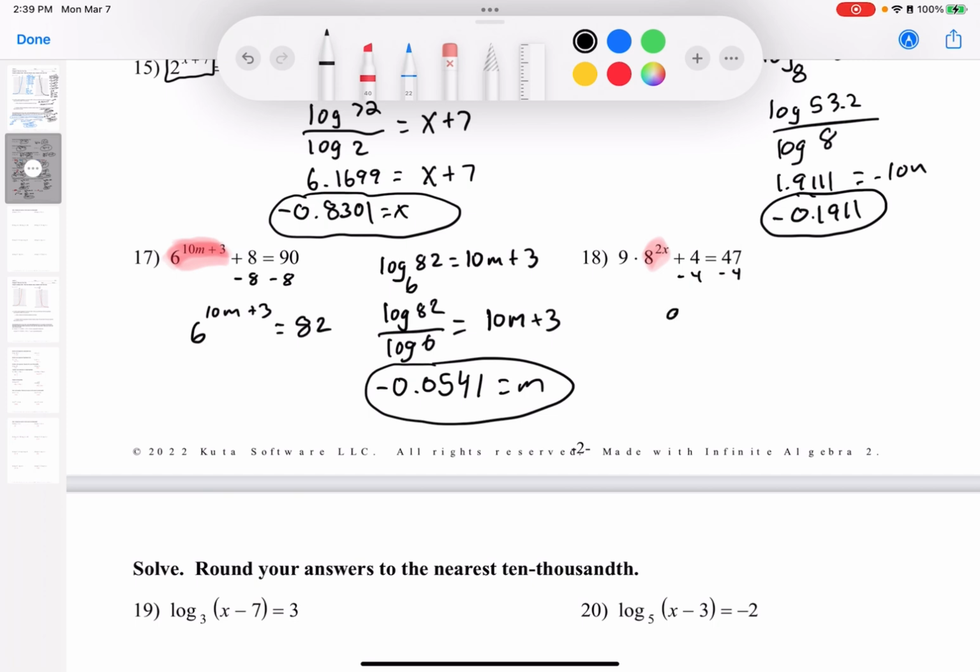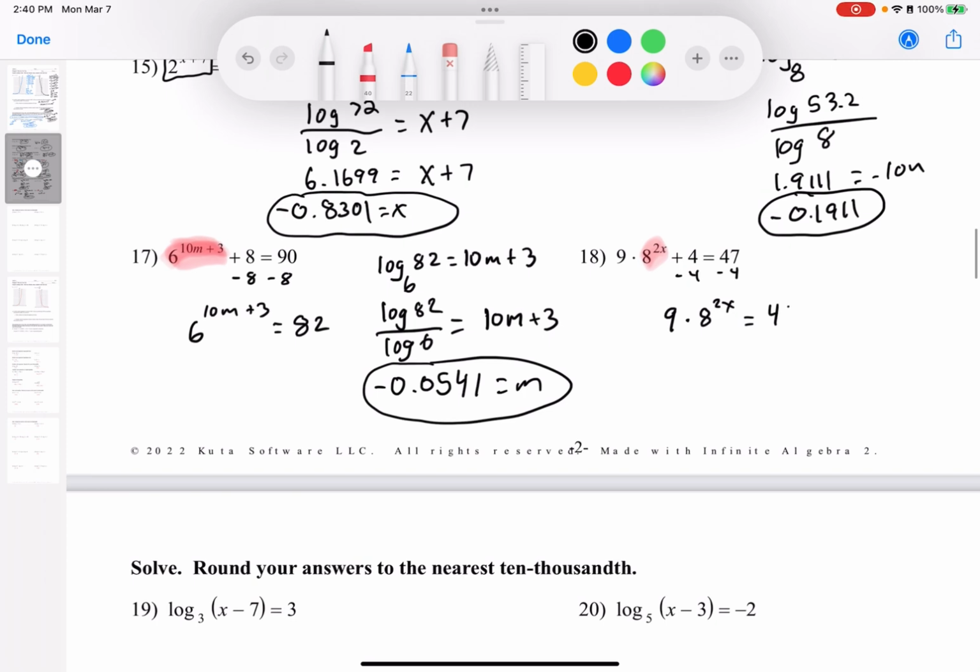So I get 9 times 8 to the 2x equals 43. Now I've got 9 times 8, so I need to divide both sides by 9. So you get 8 to the 2x is equal to 43 divided by 9. We're going to make that 4.78.